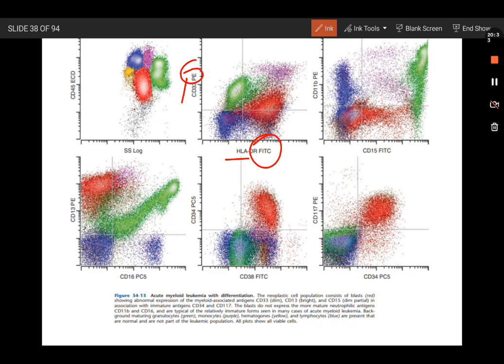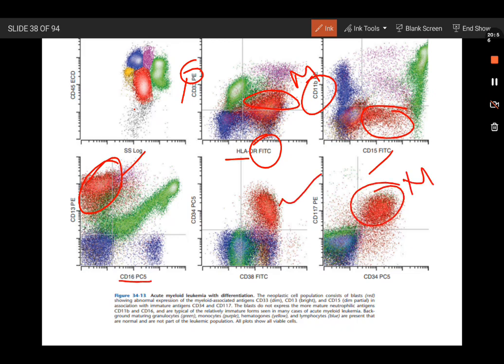So coming to this reading of AML with differentiation, CD33 is positive, which indicates a myeloid population, and HLA-DR is positive. CD15 is positive, but CD11b is negative. 11b is a neutrophilic marker. CD13 is showing bright expression, again myeloid lineage. CD16 is negative. CD34 and 38 both are positive.